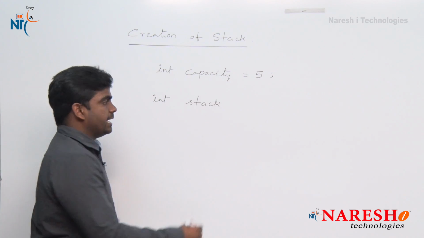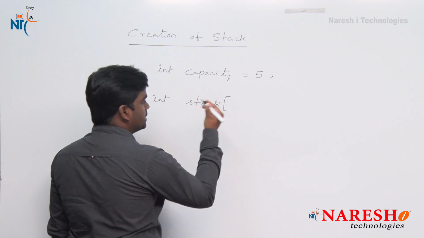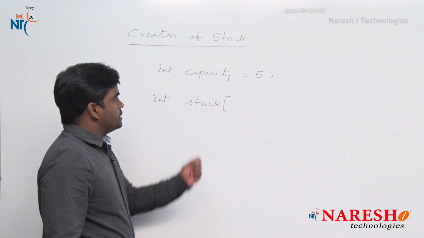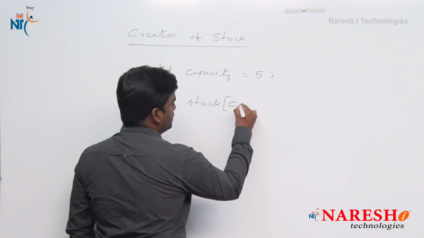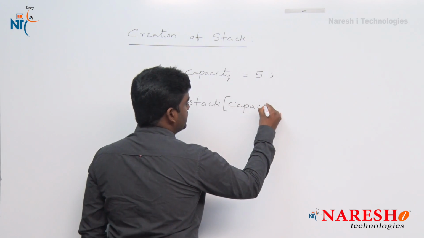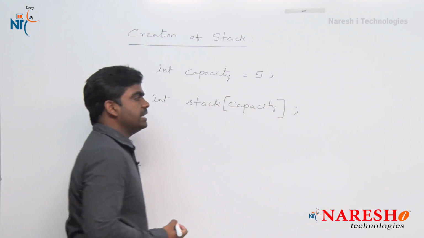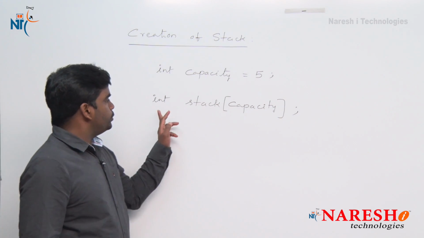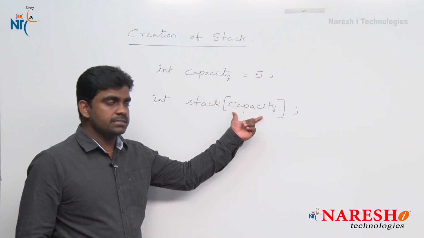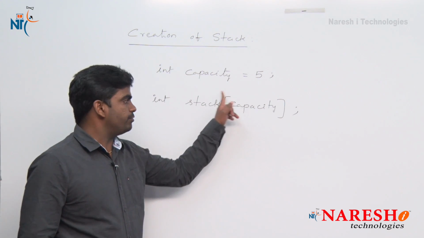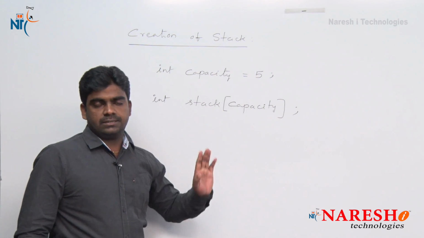So this is a global variable capacity, and one more variable is an integer stack. What is the size? Suppose I am giving the capacity. Sir, here a doubt. In C language, whenever you declare a variable like this, it is impossible to pass another variable in the form of square brackets.